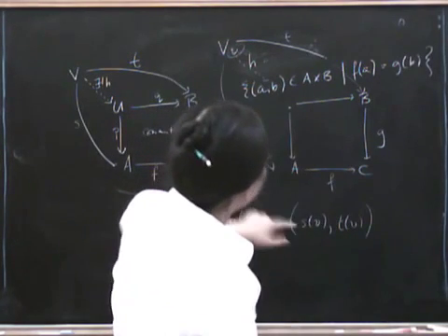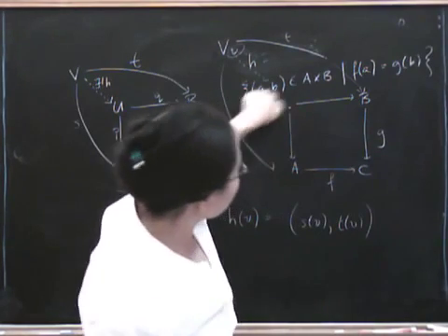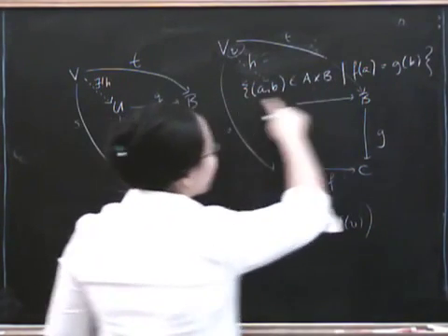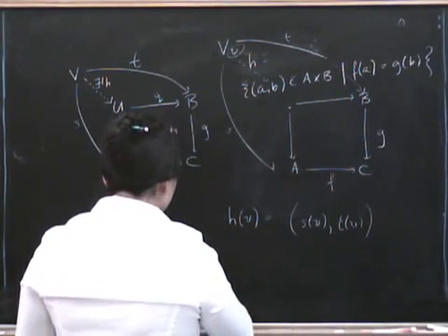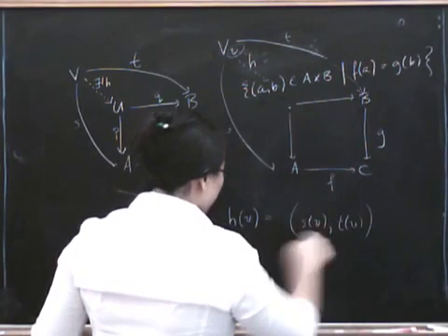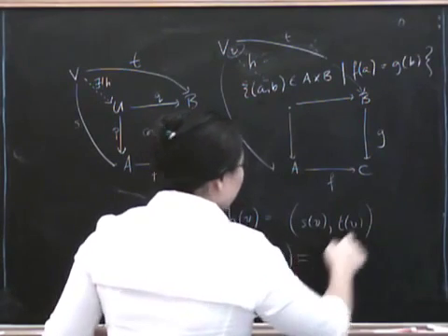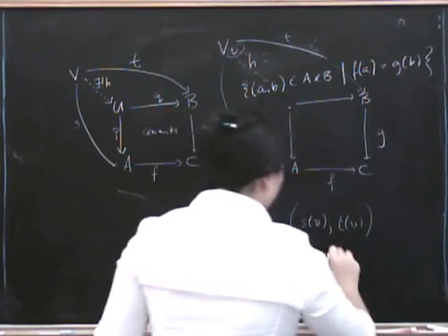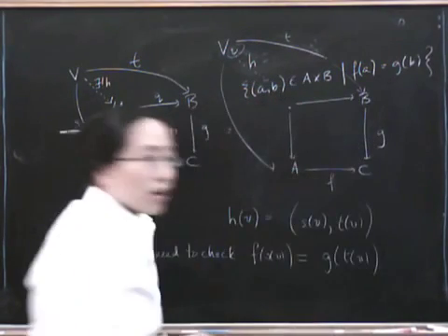Now we can see whether this actually does land inside this set here. So how do we tell if it's landed in this set? We see if this condition holds. We need to check that f of the first thing, f of S of V, equals g of the second thing. That's the condition that shows that it's really in this pullback.